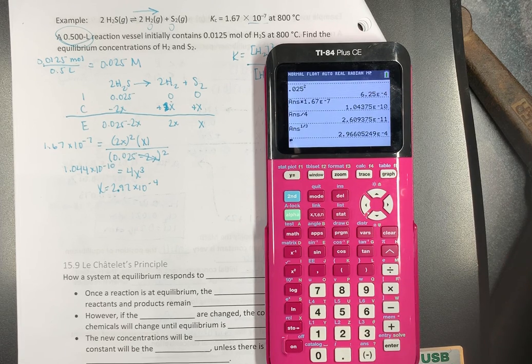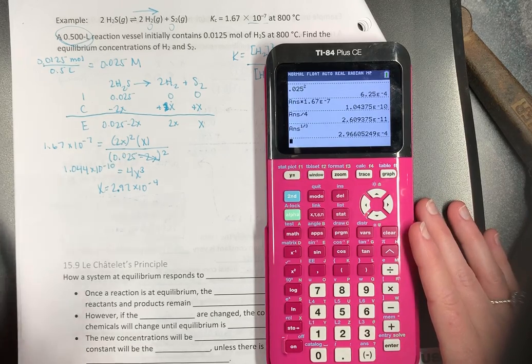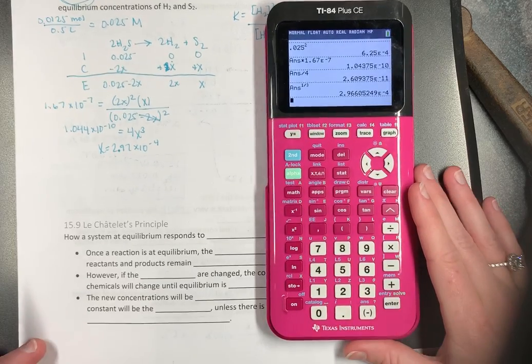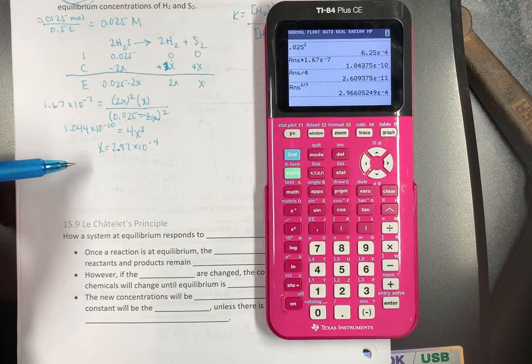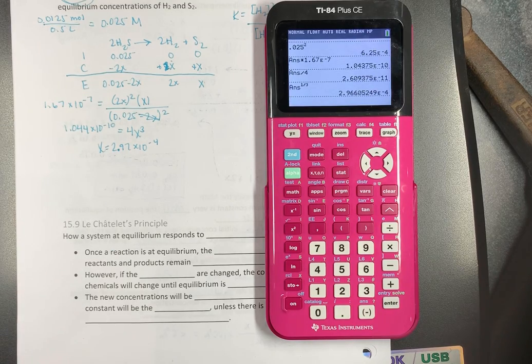It's just algebra you haven't done in a long time. Okay. So this is a really small number. Yes? Yes, this is a really small number.